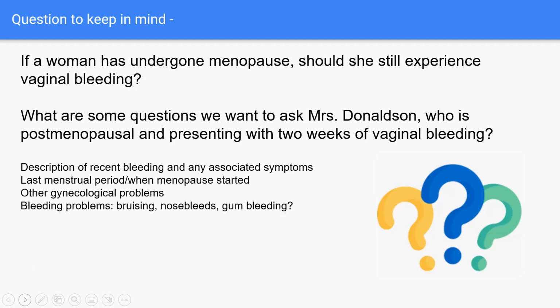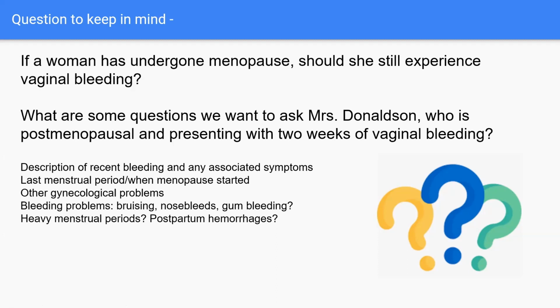And then because this is bleeding, is there other bleeding issues, like any bruising, nosebleeds, gum bleeding? Because perhaps this is a systemic issue from having a bleeding disorder. In the past, did she have heavy menstrual periods? Did she have postpartum hemorrhages? That means, if she was pregnant before, after pregnancy, was that complicated by a hemorrhage?